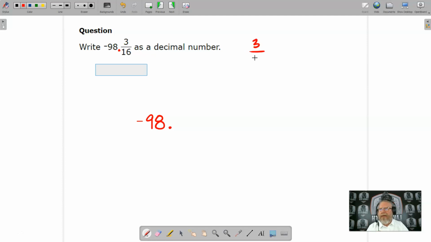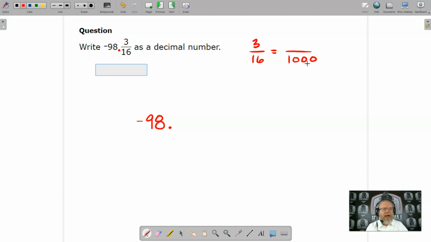So let's do 3/16. We want to get to where we have a denominator of 1 with some zeros, because that's going to tell us the place value that we have to go to in our decimal. So first we go 16 to 10. Nope, can't get there. 16 will not go into 100. I know that already. It might go into 1,000.